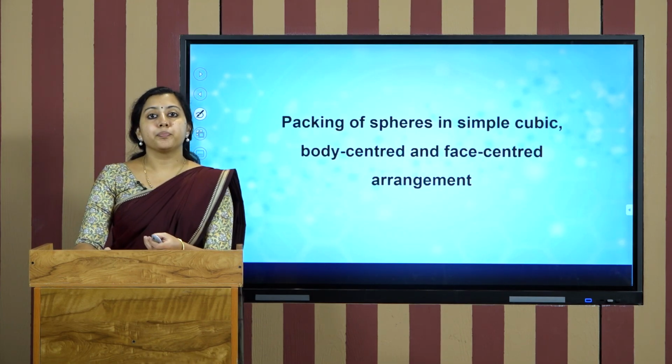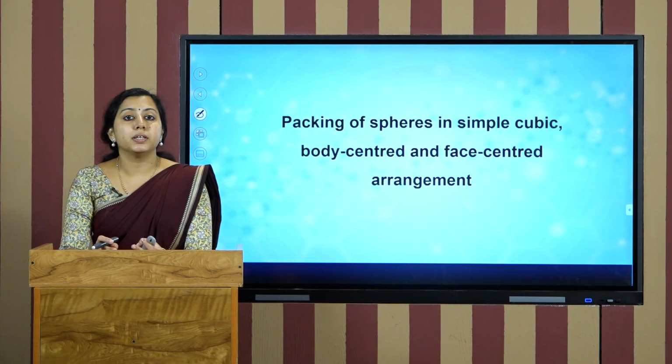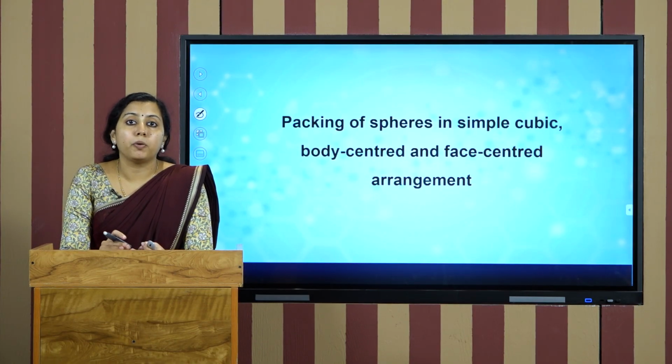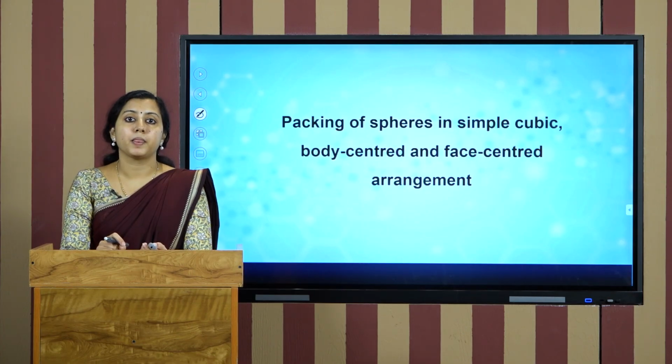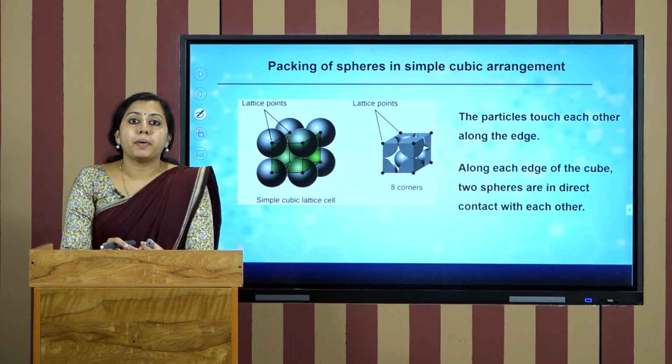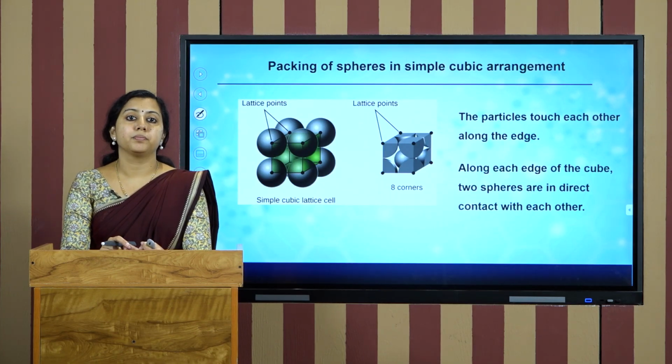Now, let us see how spheres are closely packed in simple cubic, body centered and face centered arrangements. First is the packing of spheres in a simple cubic arrangement.